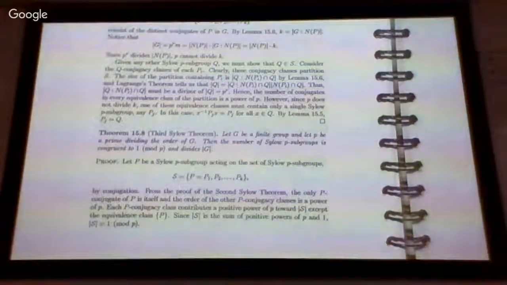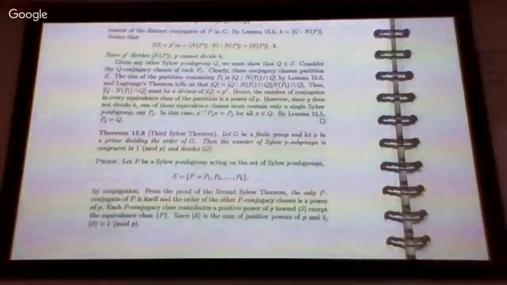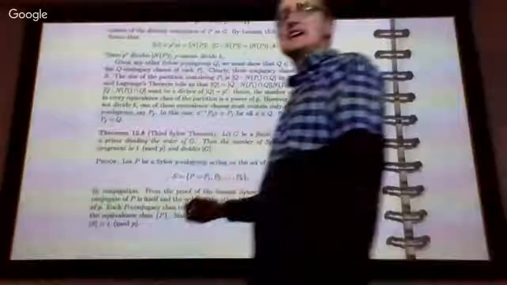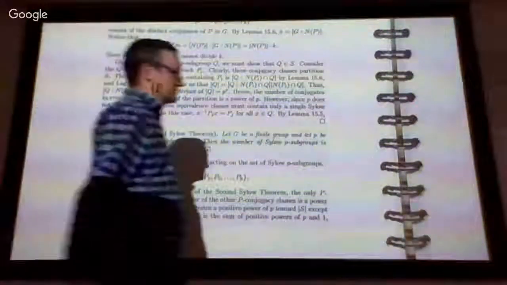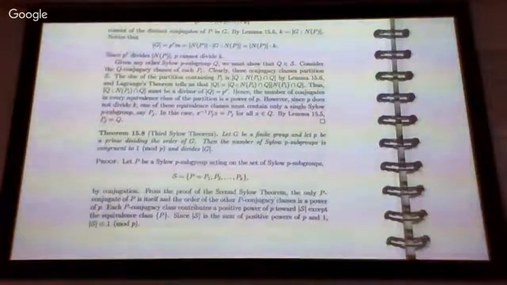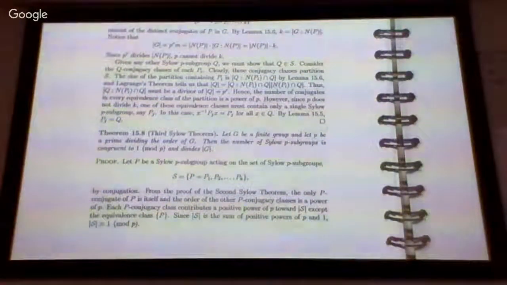The appropriate language here is that the conjugacy class of P is simply P itself, because you can't get anything else from conjugating P by elements from P. That's mainly because of the closure property of subgroups. A subgroup is closed under multiplication, so multiplying elements from P by x, you're still in P, multiplied by the inverse of x, you're still in P. Can't get anywhere, so you're always just going to land back in P. So the conjugacy class of P1, namely P, is just P itself.